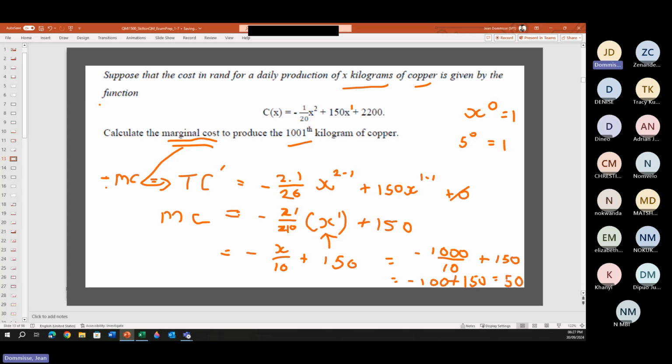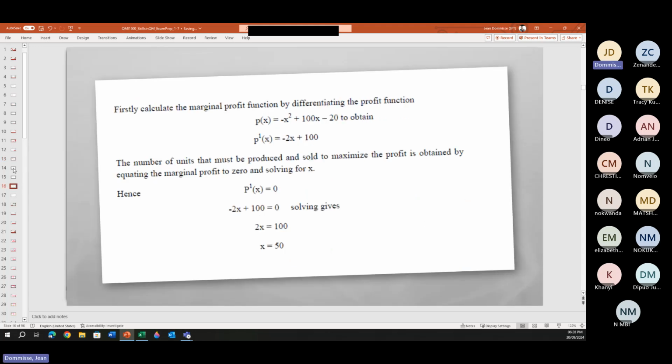So I was worried about what that impact is going to be, but it's still positive. So the marginal cost to produce that one extra will cost you 50 rand. It's not something in thousands, it is cost in rand. So it will cost you an extra 50 rand.